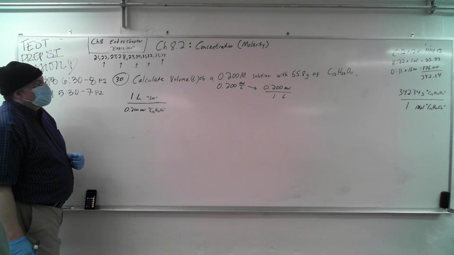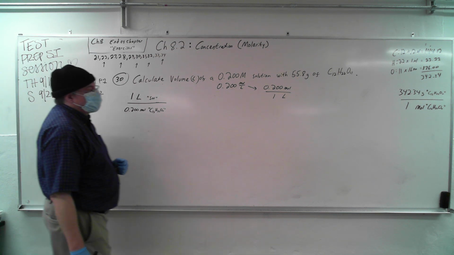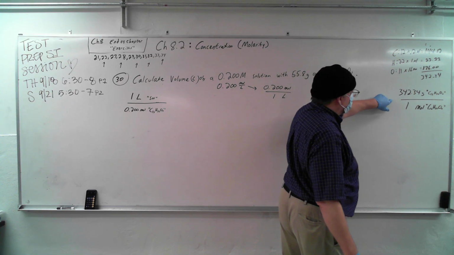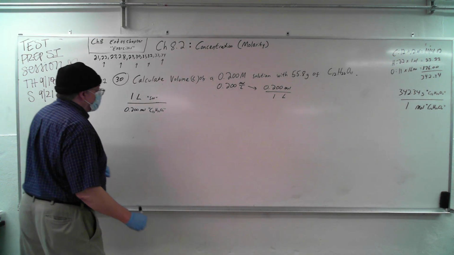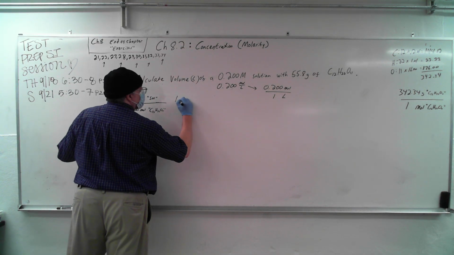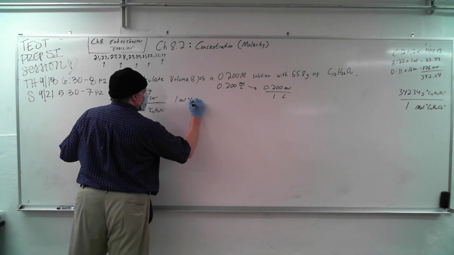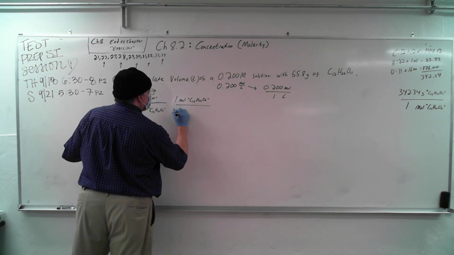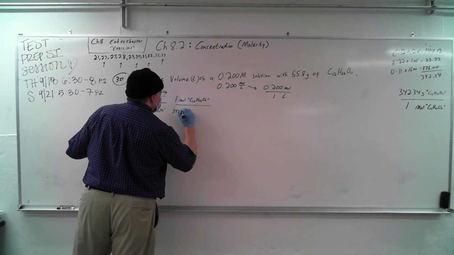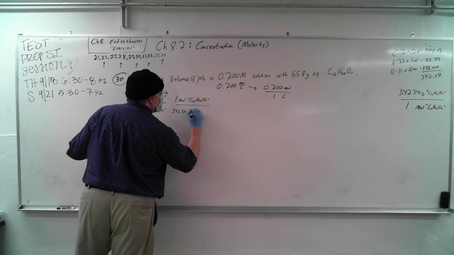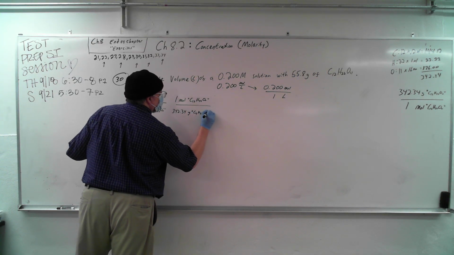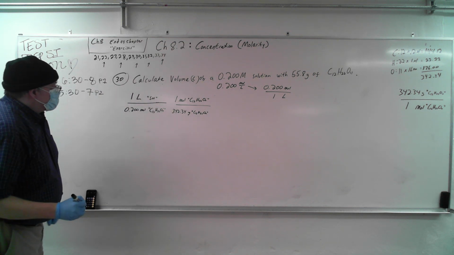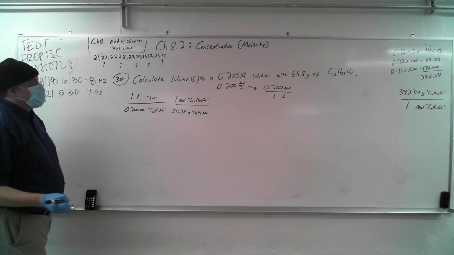The only thing I've got left with moles in it is this, the moles of the C12H22O11. So I'm going to put 1 on top and 342.34 grams of C12H22O11. All right, so now I've got moles to cancel away. I need grams to cancel away.